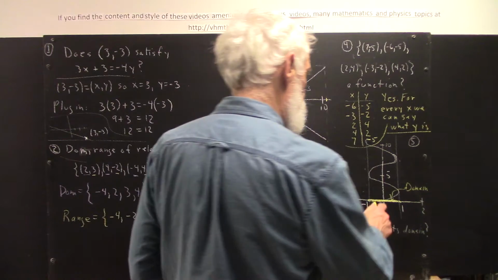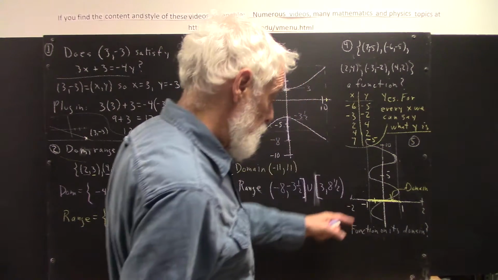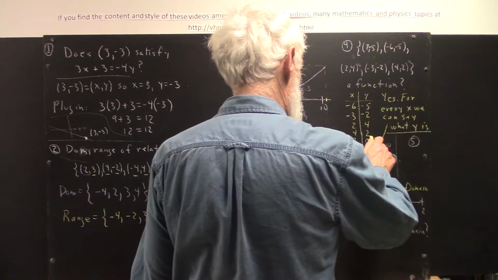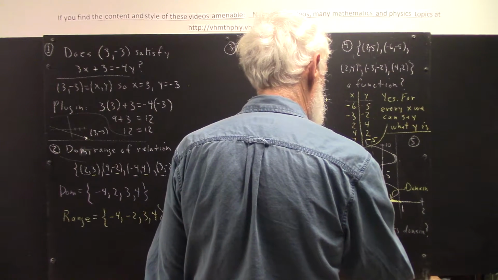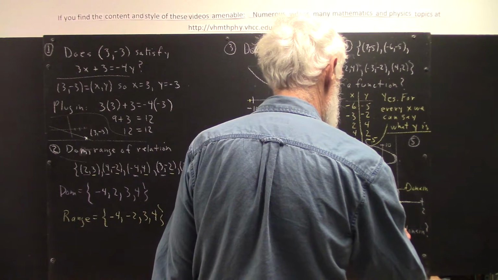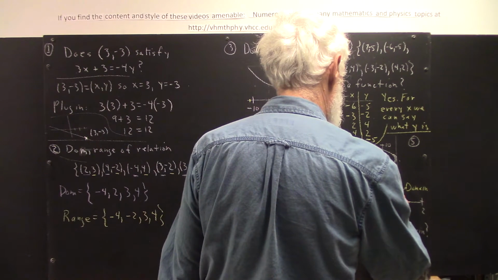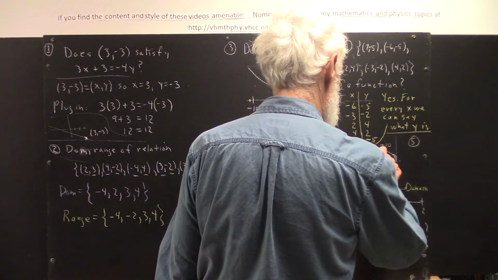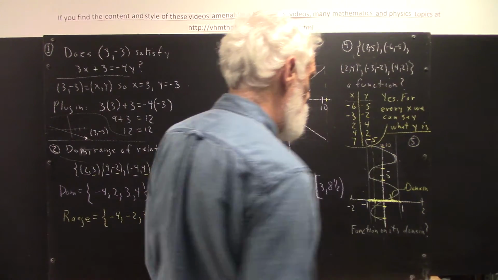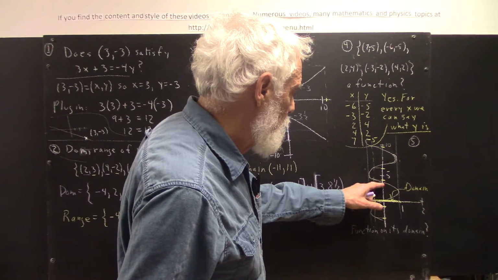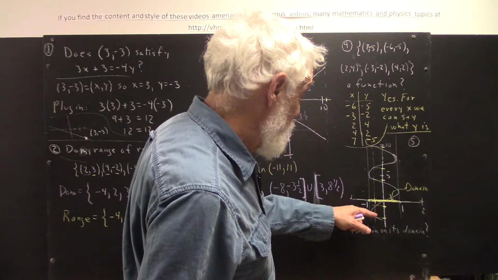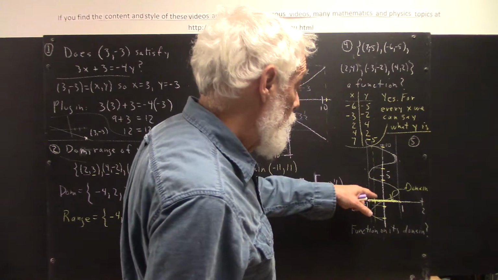Now, for any given x value, what's the y value? Let's just take an x here. Well, you see that we have several answers. Y could be this. Y could take this value here. Y could take this value here. Y could take this value here. Y could take this value here. You could estimate the value of y at every one of these points. So there are many answers.